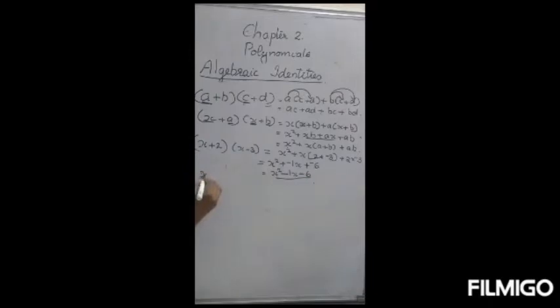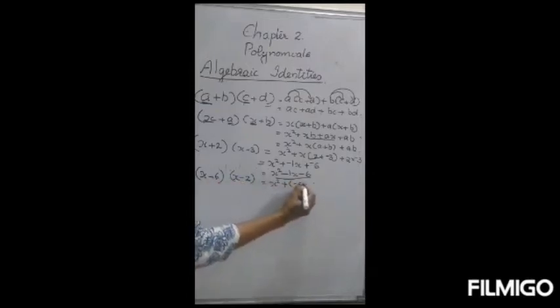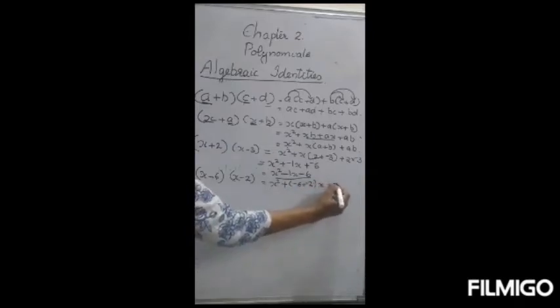Now one more example, (x − 6)(x − 2), which is equal to x² plus the sum of these two numbers, that is −6 plus −2, into x, plus the product of those two numbers.